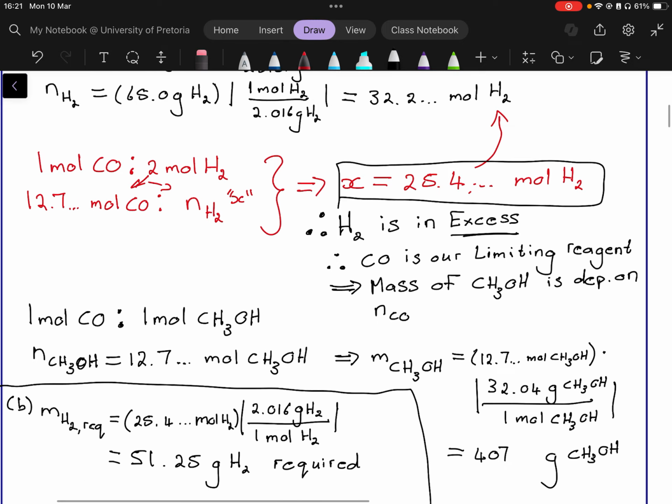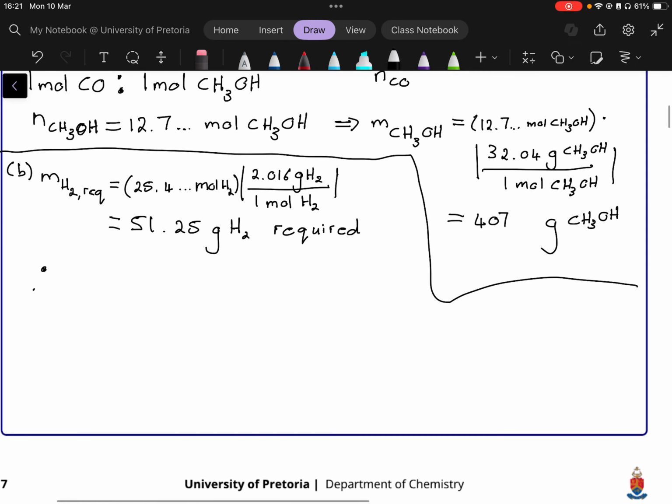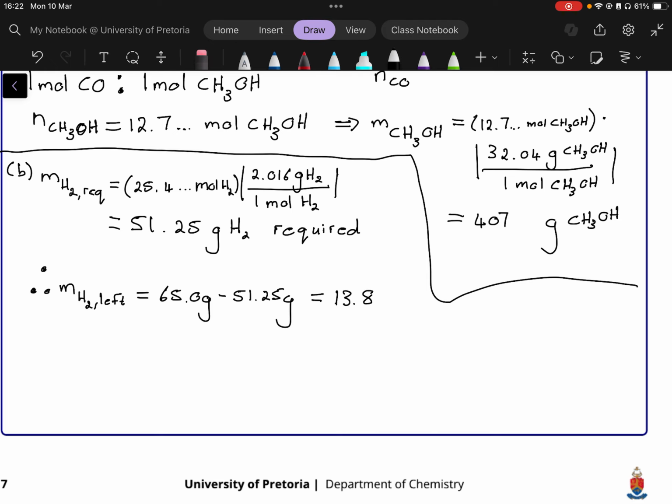So this means our mass of H2 left is equal to 65.0 gram minus 51.25 gram. That's going to give you 13.8 gram H2 left.